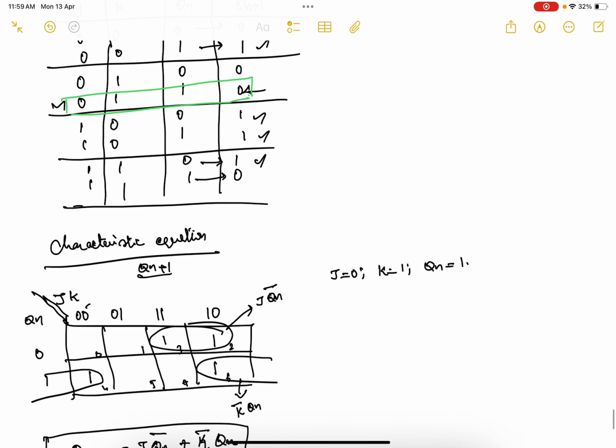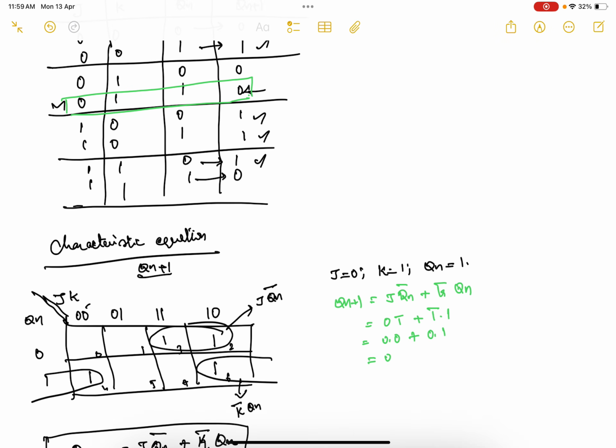Okay, so now substitute in this equation, that is Qn plus 1 equal to J into Qn dash plus K dash into Qn. J is now 0, Qn dash means the complement of 1, K dash is the complement of 1, Qn equal to 1. So this is nothing but 0 into 0, 0, plus 1's complement is 0, 0 into 1.